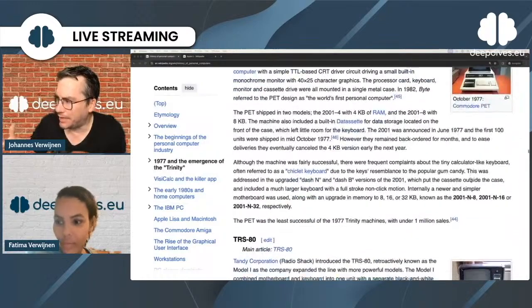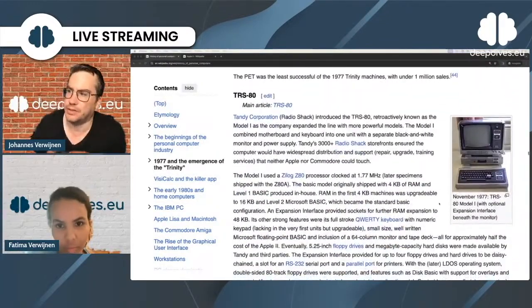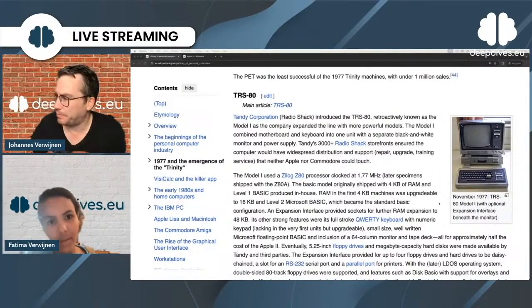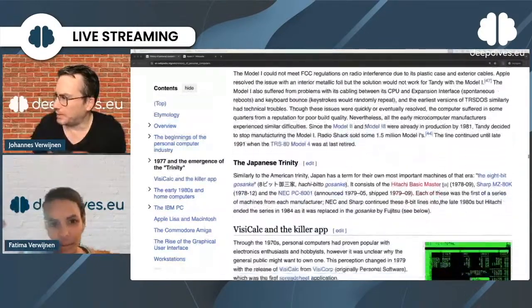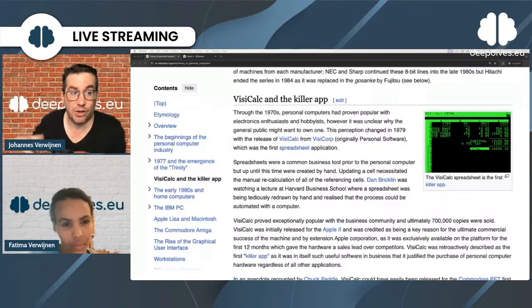And then similarly, Tandy had the TRS-80. This was basically Radio Shack, so they had a distribution network already. And what people are saying here in Wikipedia, which is also pretty much true, is that what happened simultaneously was this idea of ready-made software, right?